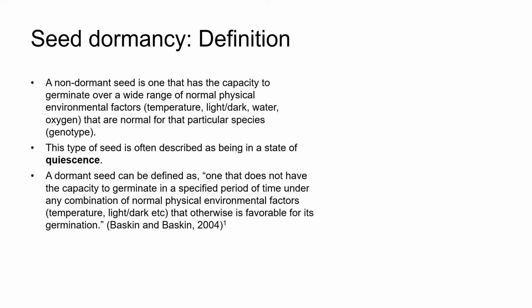In contrast, a dormant seed can be defined as one that doesn't have the capacity to germinate in a specified period of time under any combination of normal physical environmental factors that include temperature, light, water, and oxygen that are otherwise favorable for its germination.